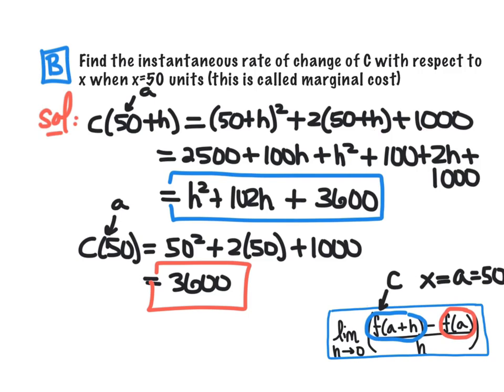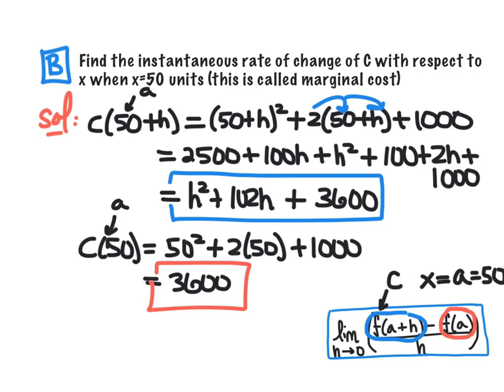And I'm going to expand this out. I'm going to distribute the 2 into both these pieces and then combine like terms. We're going to get the following, h squared plus 102h plus 3,600. I can then do the same for c of a. Use the formula, we'll get 3,600.